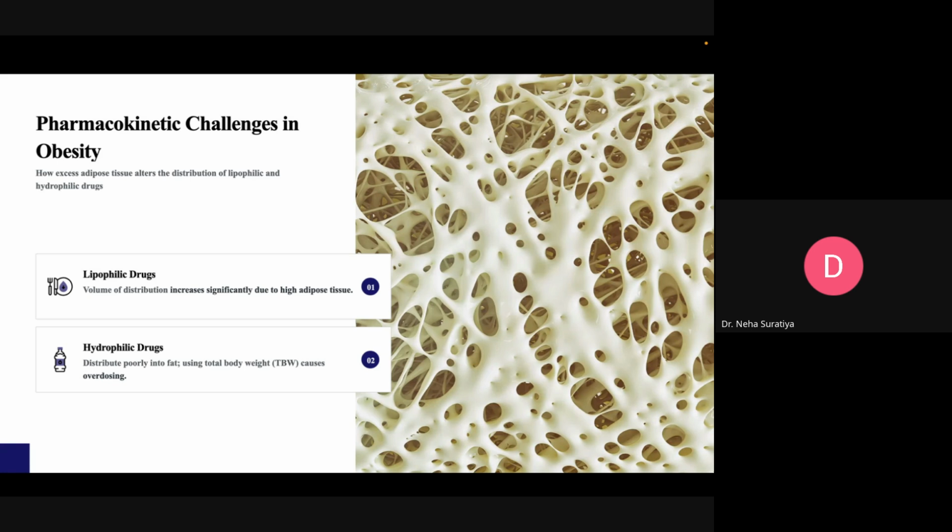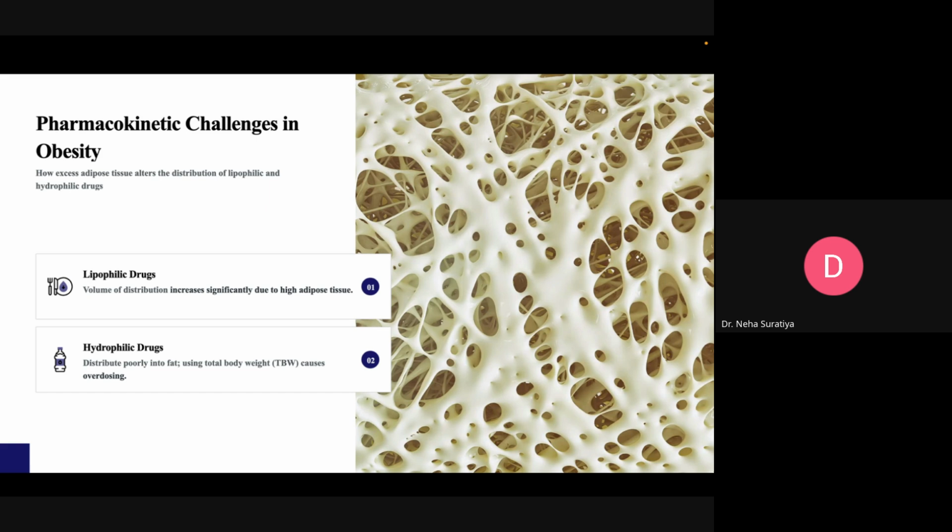Hydrophilic drugs, on the other hand, do not distribute into fat. And using total body weight causes what? Overdosing of hydrophilic agents. These are the pharmacokinetic challenges we have in treating obese patients.